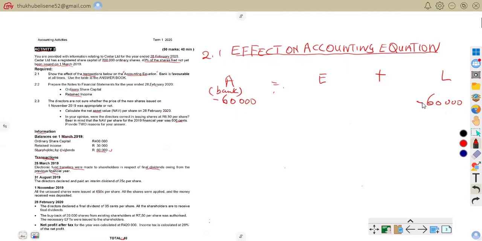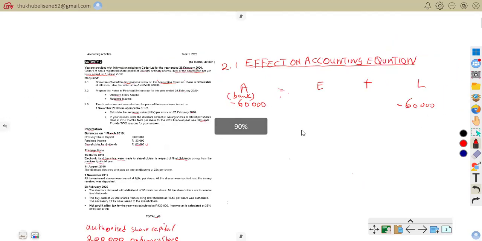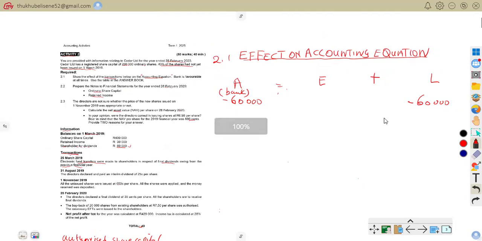So this is going to decrease our liabilities, because you're going to pay this. We are going to pay our shareholders. Hope you get it. This shows that we are saying dividends payable. We are paying our dividends. So that is that.